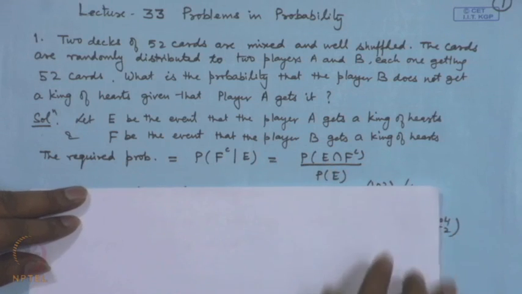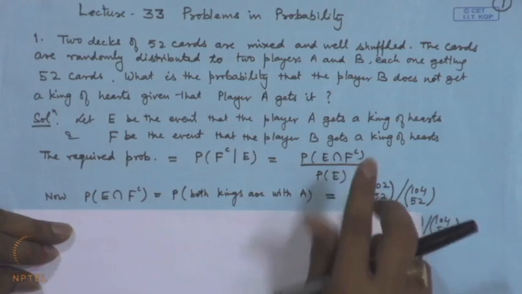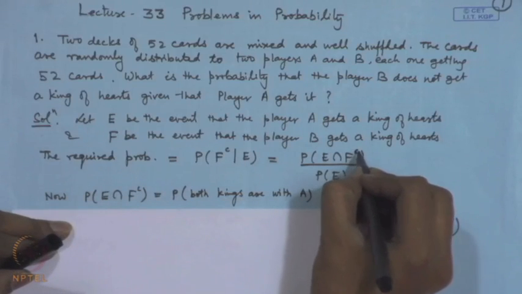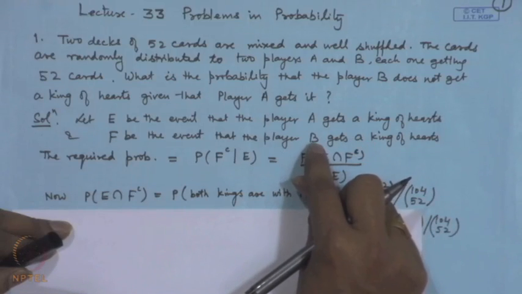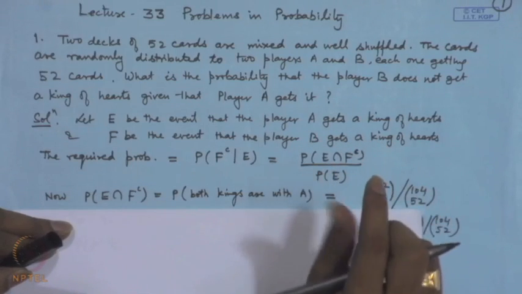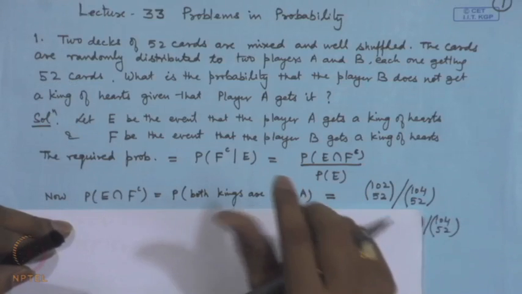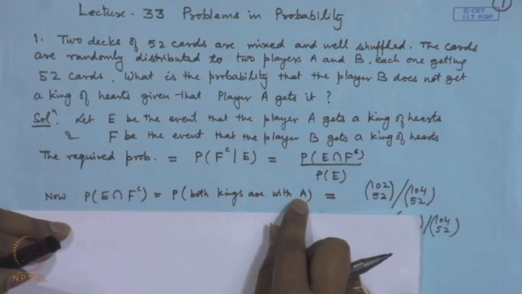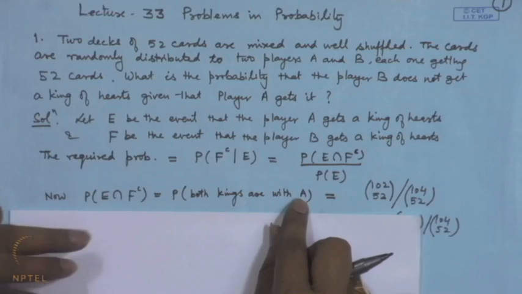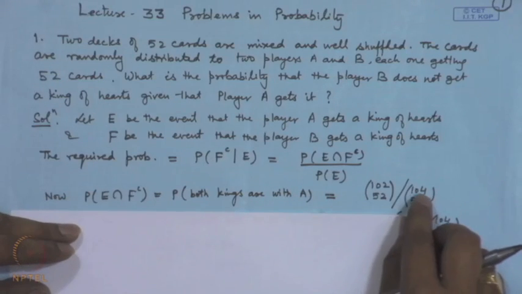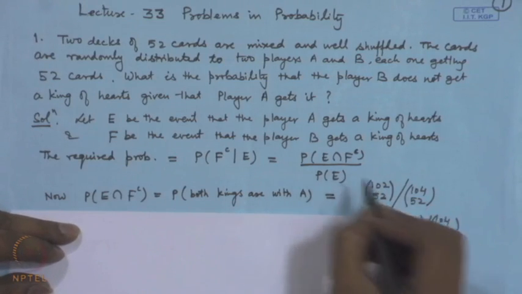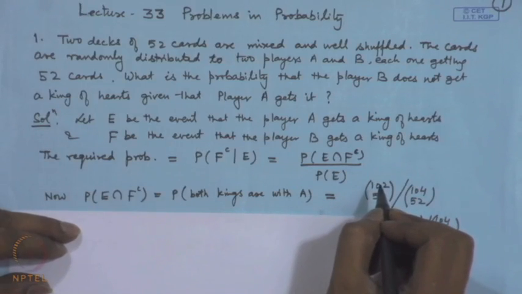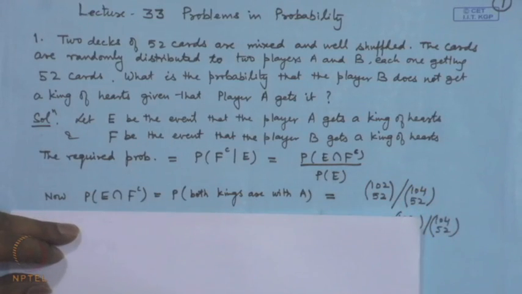Let us look at what is the probability of E intersection F complement. E is player A gets a king of hearts and F complement means B does not get it. That means, out of the two kings of hearts, both are with player A. Now, what is the total distribution? Out of 104 cards, 52 cards are distributed to player A, but out of the two kings he gets both the kings.